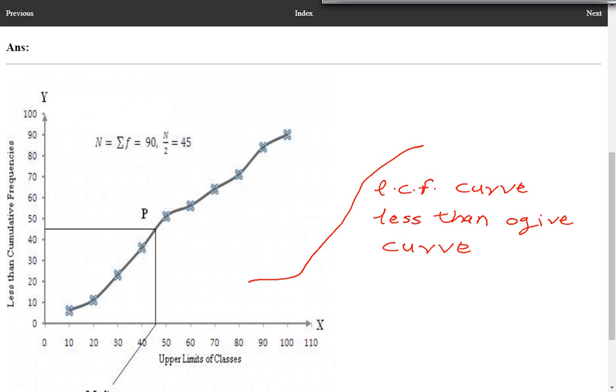Then this point is 45. From this point 45, draw the horizontal line to the curve.